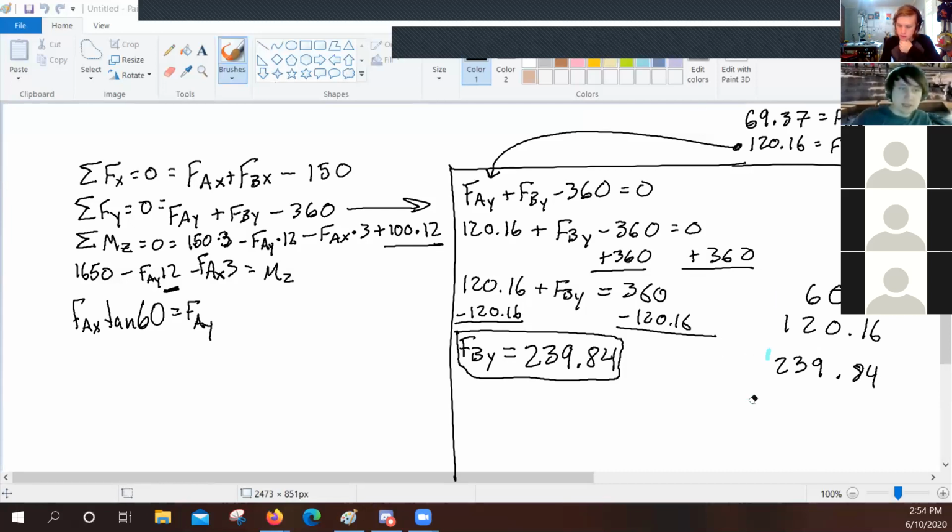Cynthia, one thing that I don't know if you've seen this happen before, but you can add the same thing to both sides of an equation and that doesn't change the equation. So that's just what he's doing there.